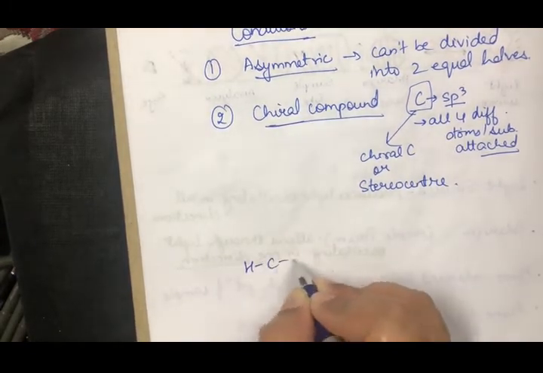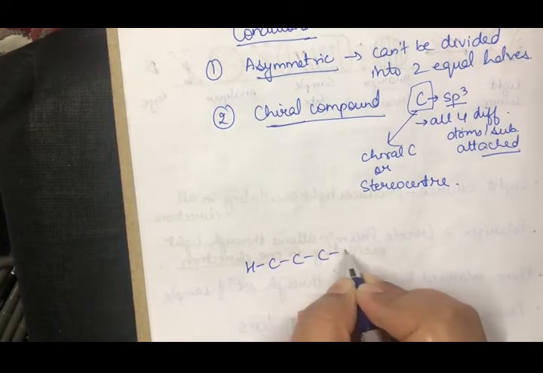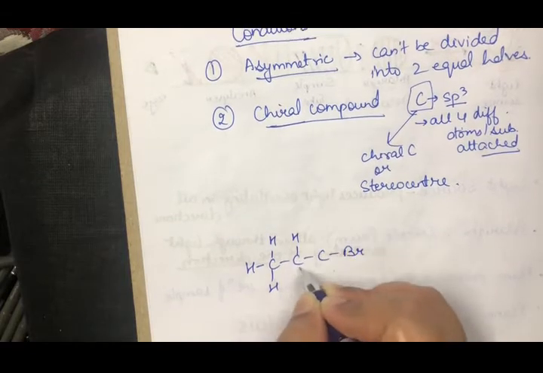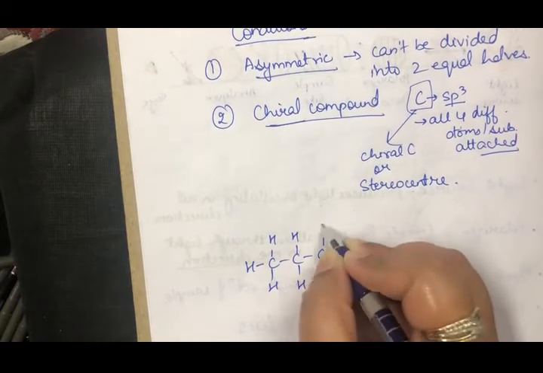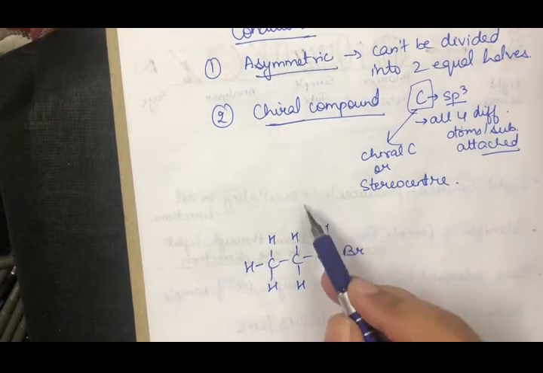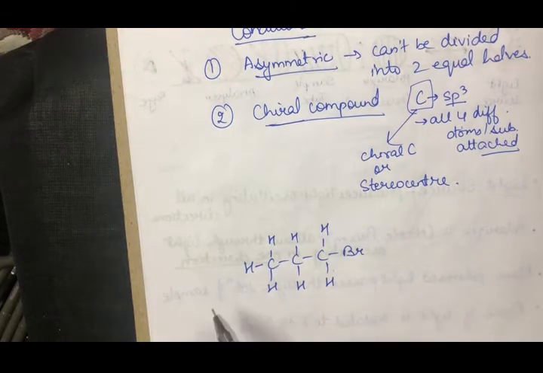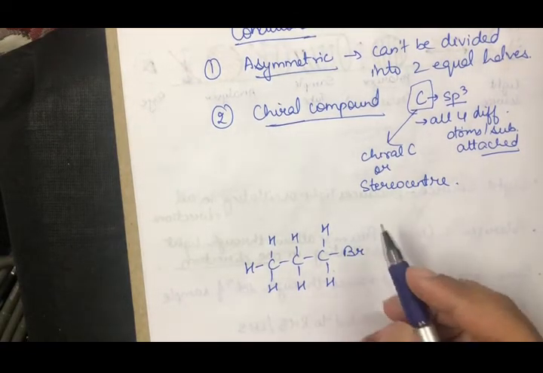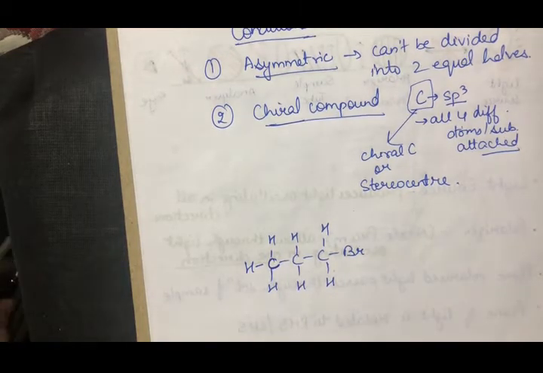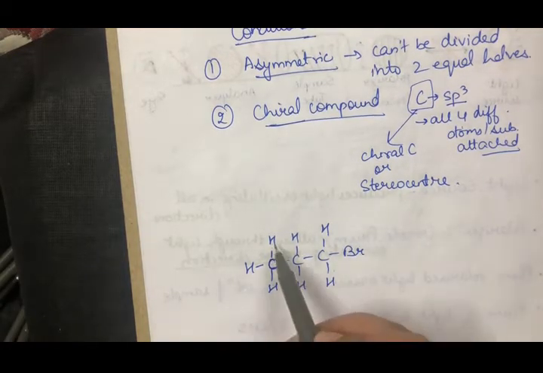Let's say I'll take an example of this. So what is the condition? Either it should have symmetry, right? So if I talk about this compound, do you think it has symmetry? If I divide it from here, there is no symmetry, right? Now if I have to check a chiral carbon, does it have a chiral carbon? If I talk about this carbon, it has 3 hydrogens.